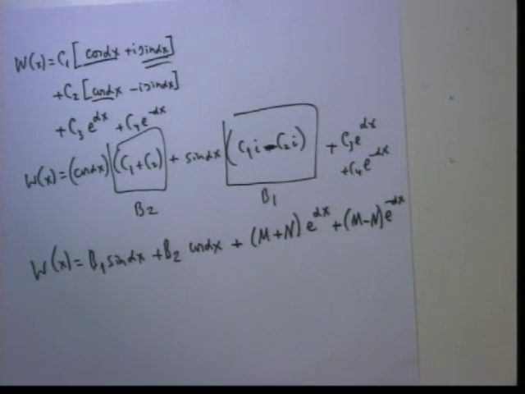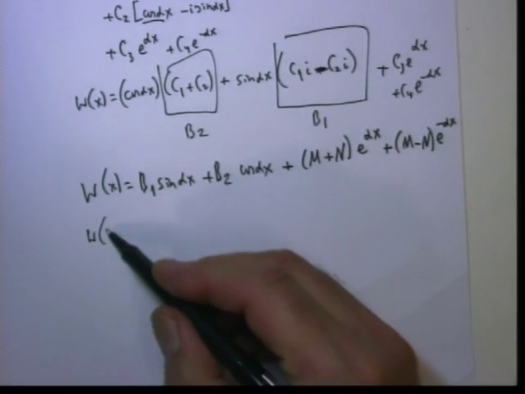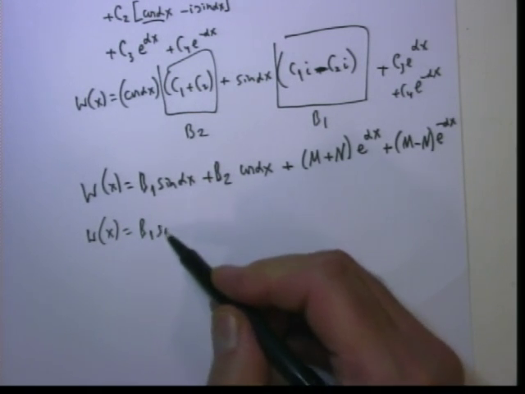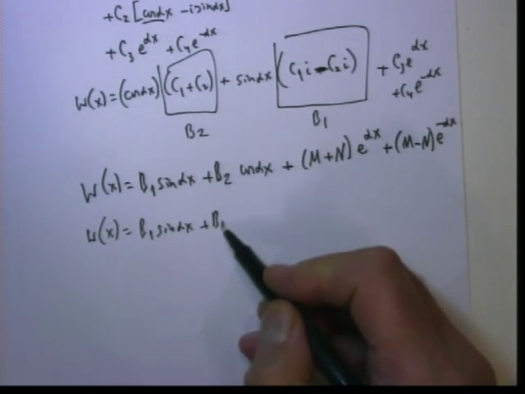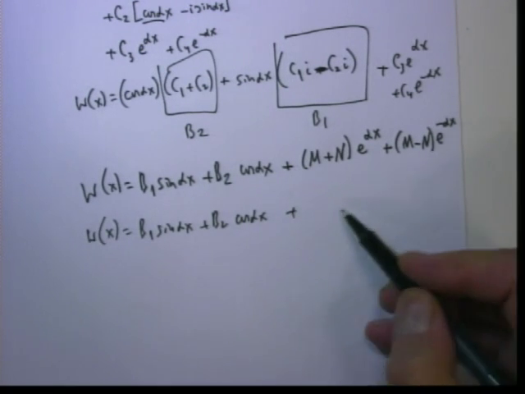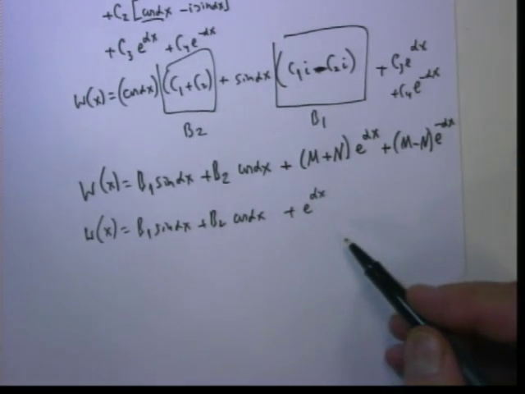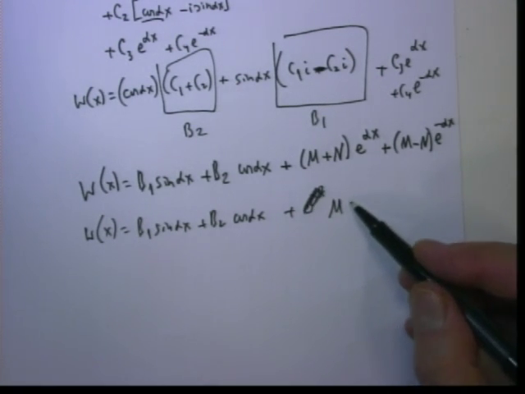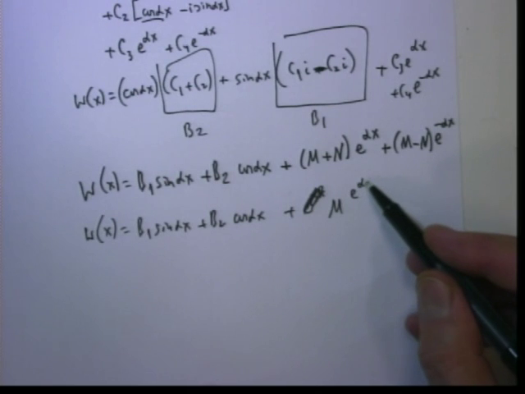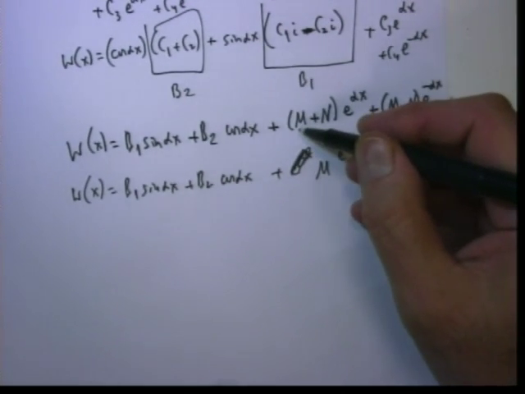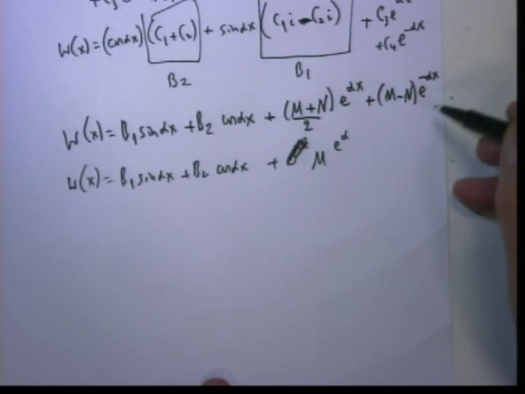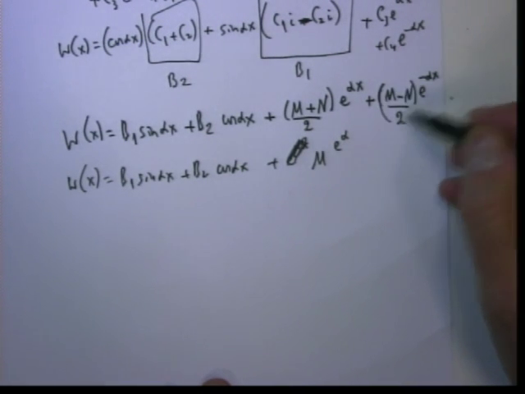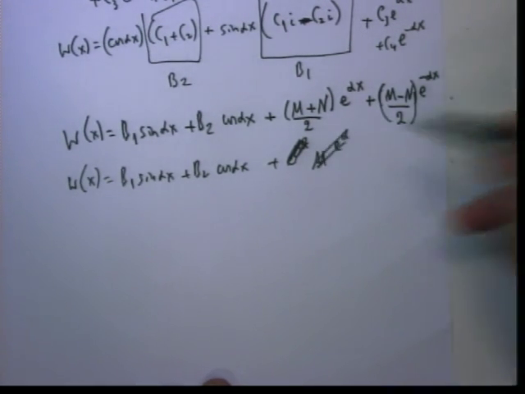I'm allowed to do this, because I want to go to another set of constants. So we will have B1 sine alpha x plus B2 cosine alpha x plus m e to the power alpha x. Yeah, okay, sorry, I would like to write m plus n divided by 2, m minus n divided by 2. That is what I want.